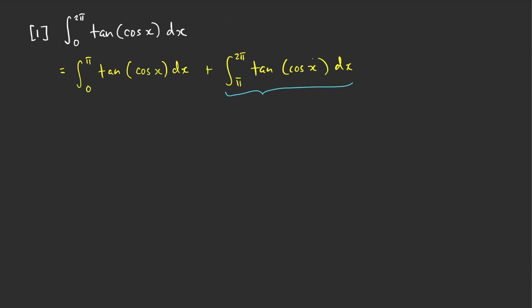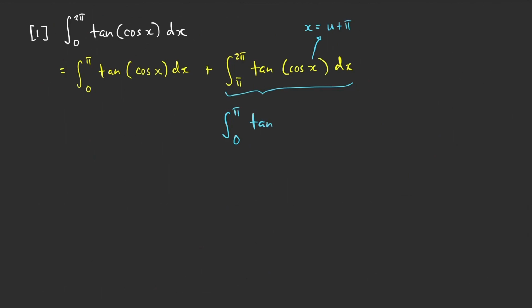We let x be equal to u plus pi, because with this substitution the limits of integration will be from 0 to pi. In this case, x equal to pi means u is equal to 0, and x equal to 2 pi means u is equal to pi.